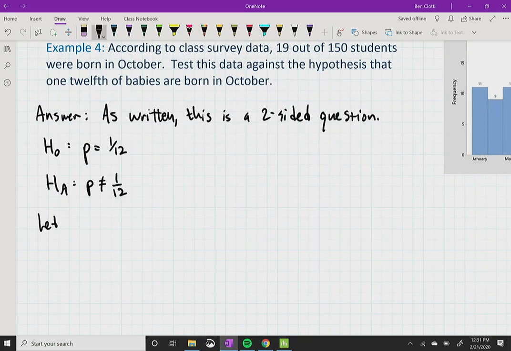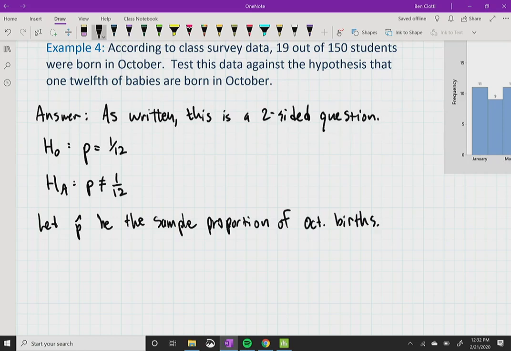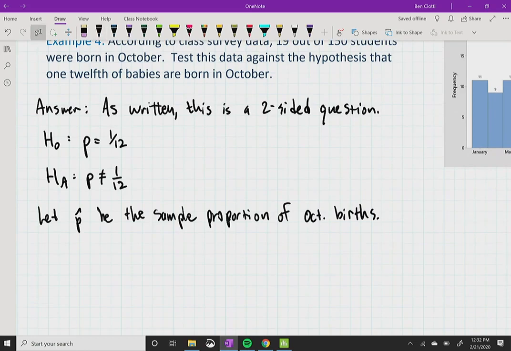And we have a sample of 150 students, but in general, we'll let p hat be our sample proportion. Now, if you assume the null hypothesis, well, then I have a sample, 150 students in this case.